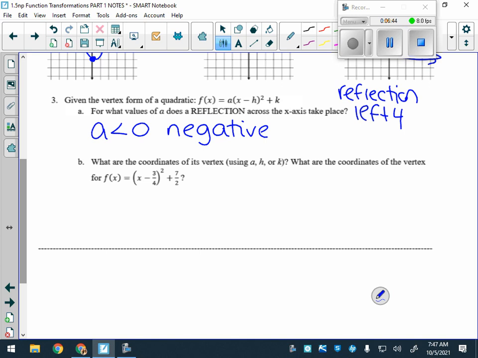Yeah, Emily. (h, k) is how you find the vertex. Okay. And looking at this new equation, Rory, what's our vertex? Perfect. Good. Excellent. Okay. Any questions about those?